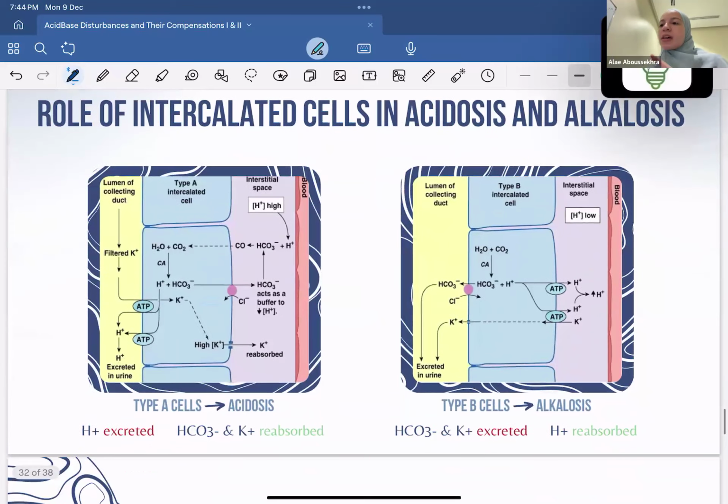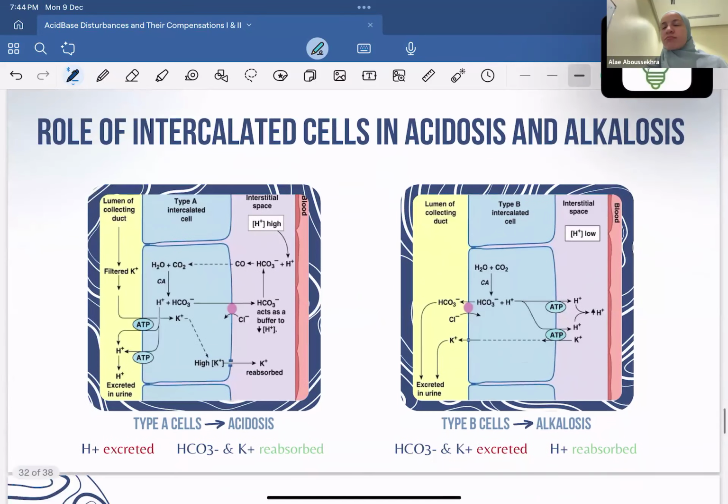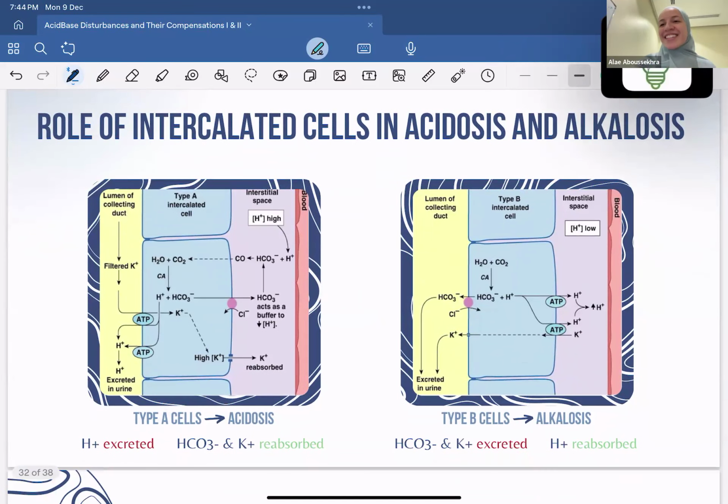And then we have the intercalated cells. These are also very important in acidosis and alkalosis. I'm pretty sure, again, you already took this. Type A intercalated cells are important for acidosis, and type B cells are important for alkalosis. You can remember this by type A for acid, and type B for base.